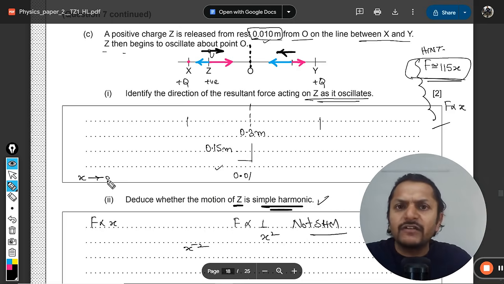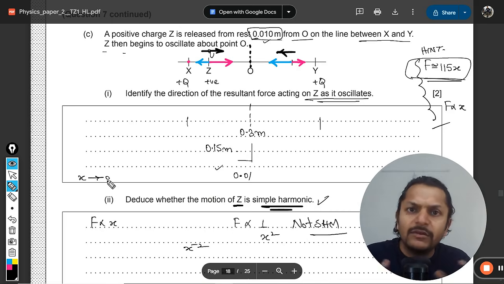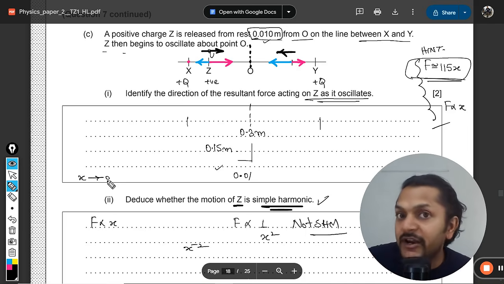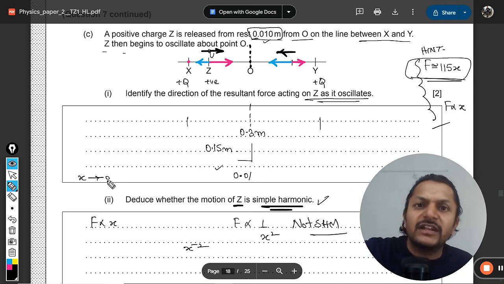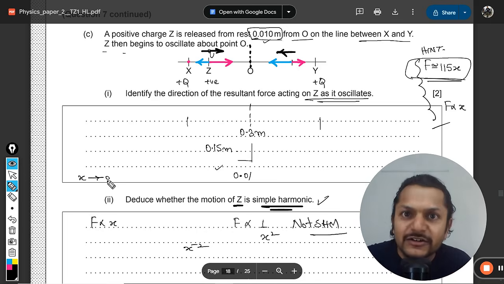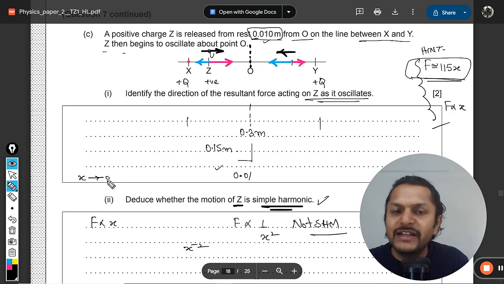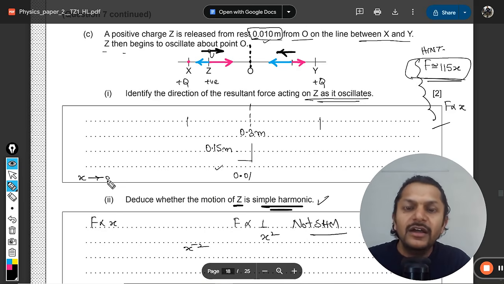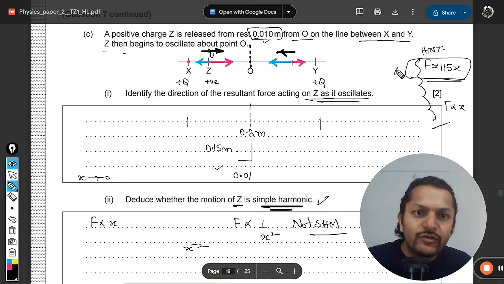So the higher powers of x will be neglected, so only a 1 plus nx kind of formation will be there. And it can easily be proved that it will be a simple harmonic motion if the displacement is small, but in this question it is not given. Neither do they say that the displacement is small, nor do they say that the force is equal to this.